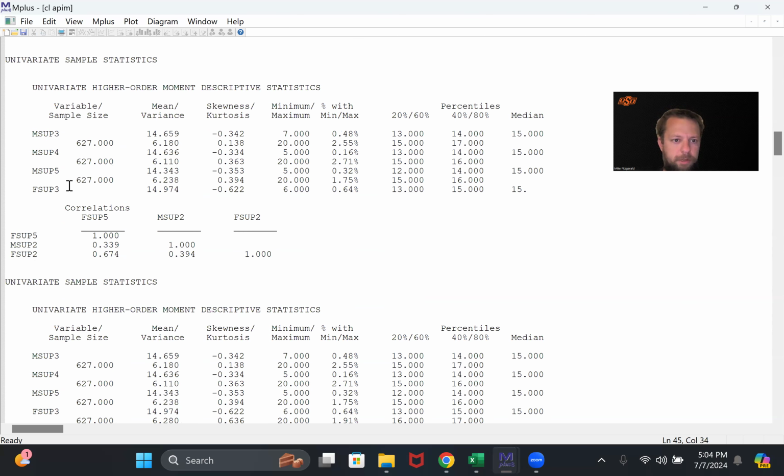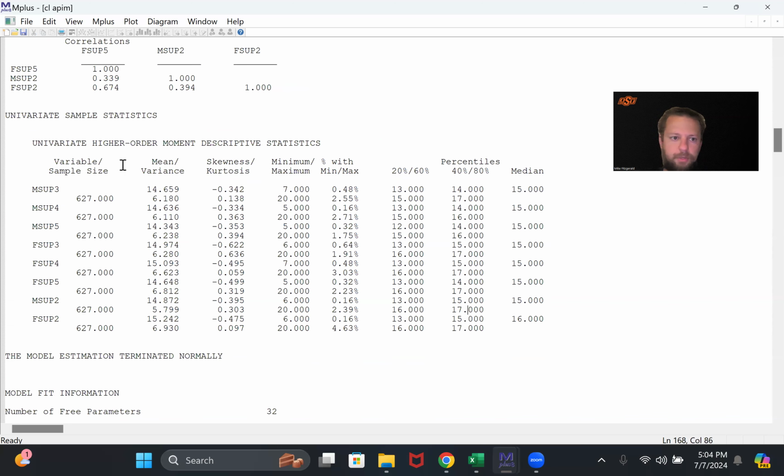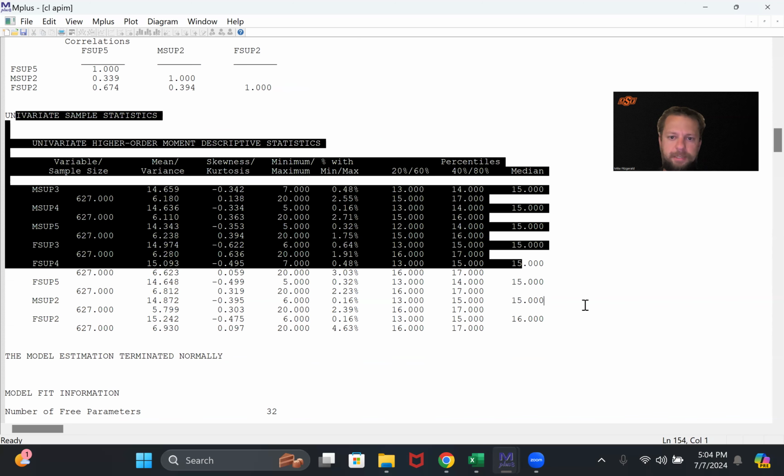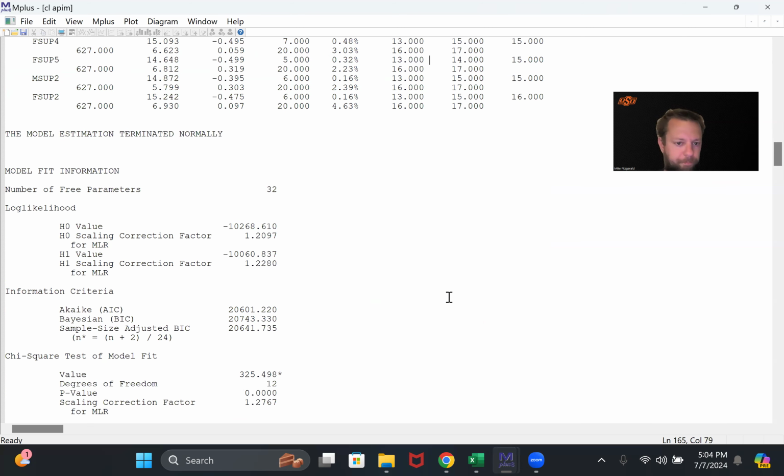All right, so just looking to make sure that everything looks about the same. That's how I use the univariate sample statistics. I scan over everything, and this is generally where I catch a missing data problem, a miscoding, a syntax error, or something to that effect. A lot of that can be caught here.